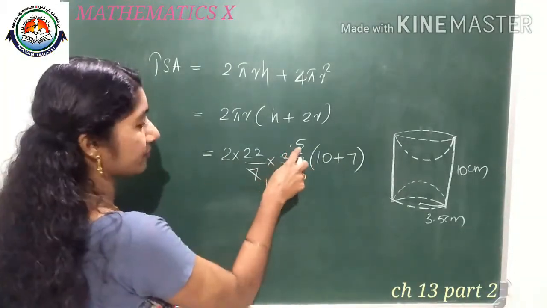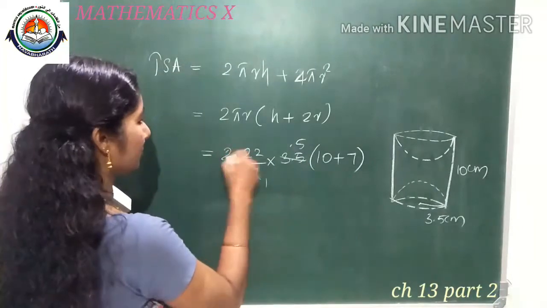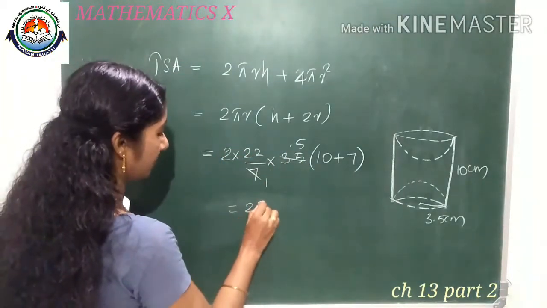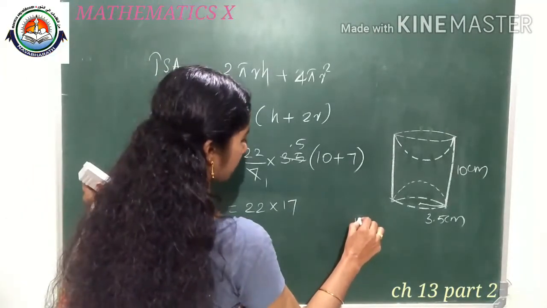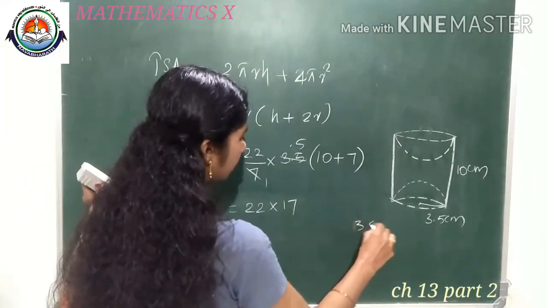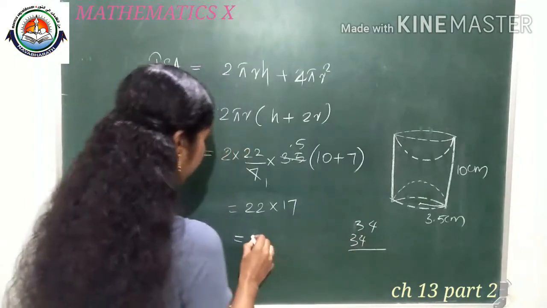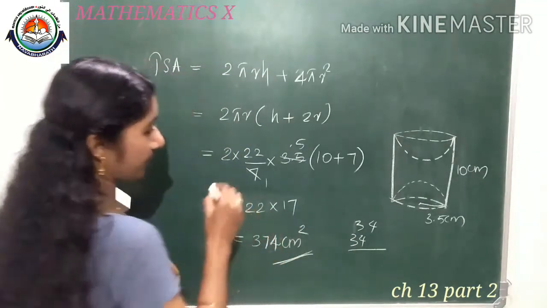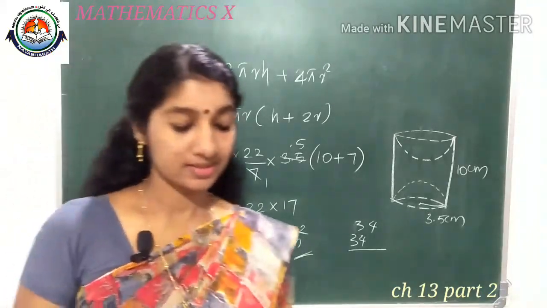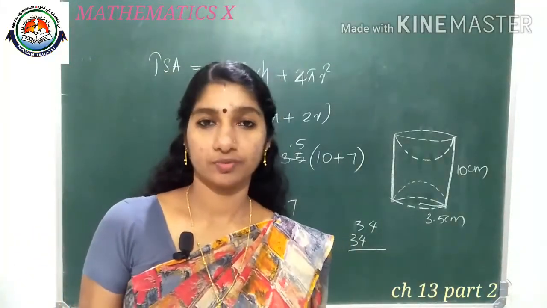Then 2 into 0.5 will come 1. So, these two okay. So, 22 into 17. So, it is equal to 17 into 22. So, 34. So, we are getting it as 374 centimeter square is the total surface area of the new object.